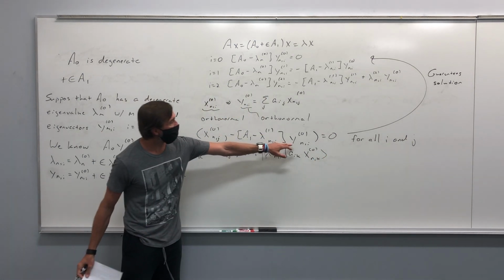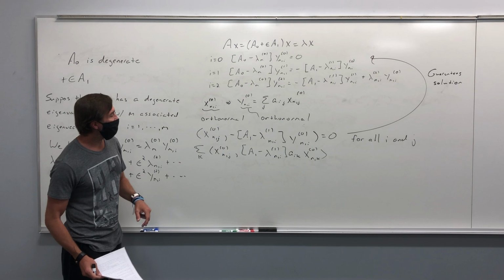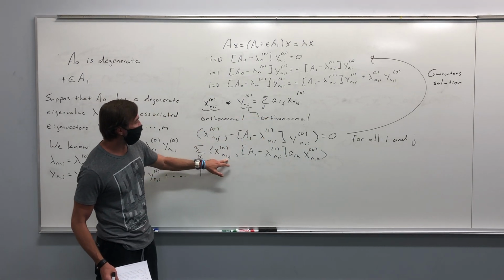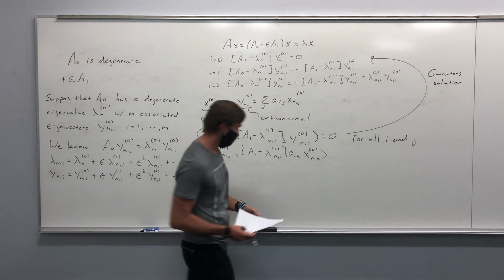That's just writing this in terms of an expansion in the x's. And I'm using k as the summation index because j is already sitting there. I don't want to know their j there.